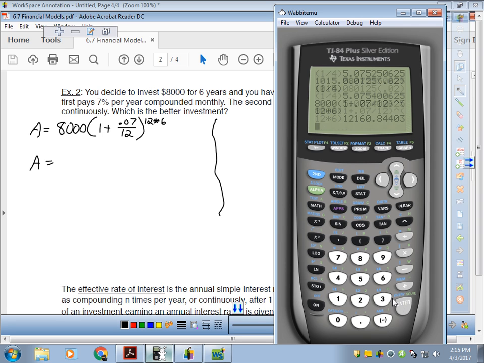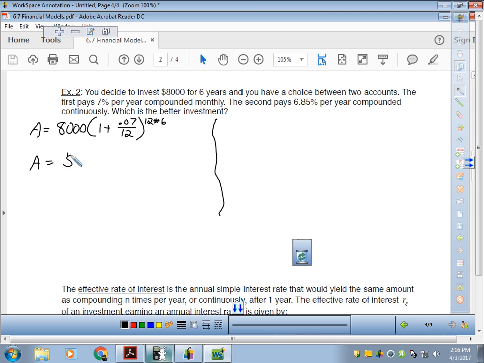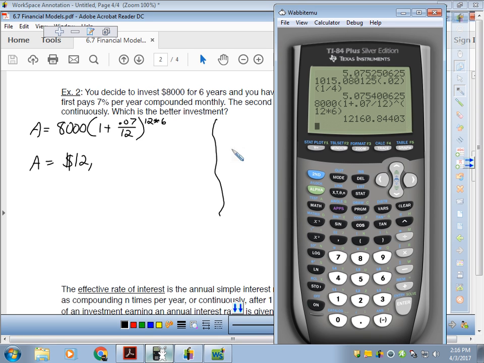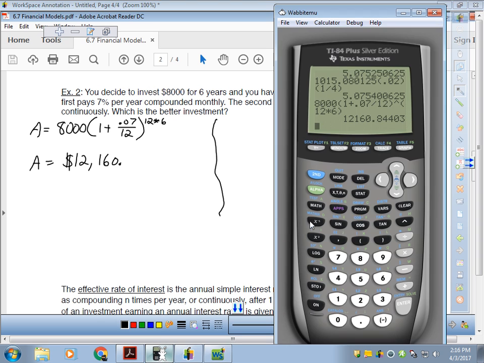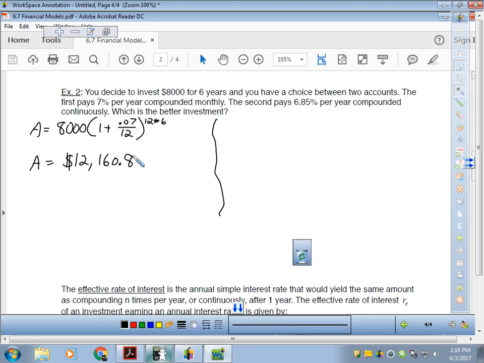So make sure I put parentheses around it. So there's what we end up with. We have $12,160.84. So this is how much we would end up with on that first account.